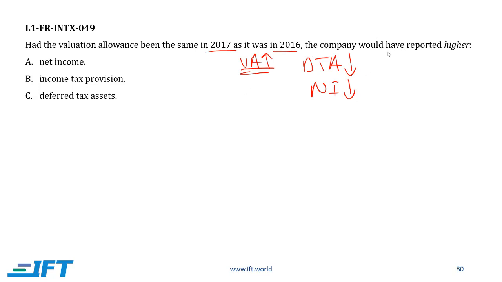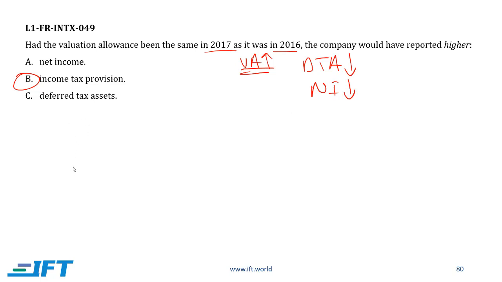The company would have reported a higher income tax provision. Now, the other name for income tax provision is income tax expense. Now, this is my brain working. This is not what is required from you. This is how I think, but this is how you are going to solve the question. Valuation allowance goes up. What happens to your deferred tax asset? It goes down. Net income goes down.